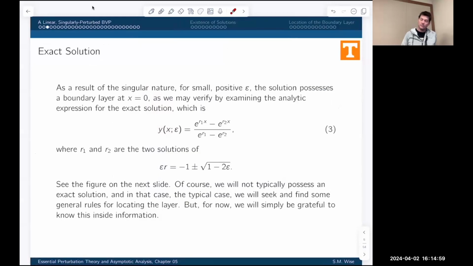The analytic solution of the last problem is given by this function, similar to one we've seen before. R1 and R2 satisfy this quadratic equation. So there's no explicit form for what R1 and R2 are. Well, there's no simple form for R1 and R2 without the radical, I should say.